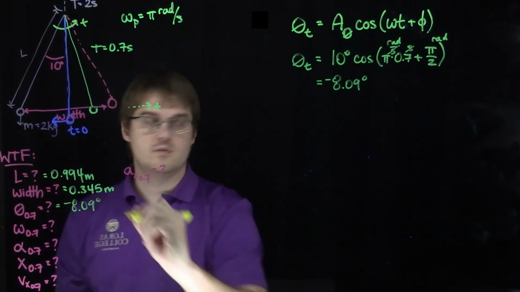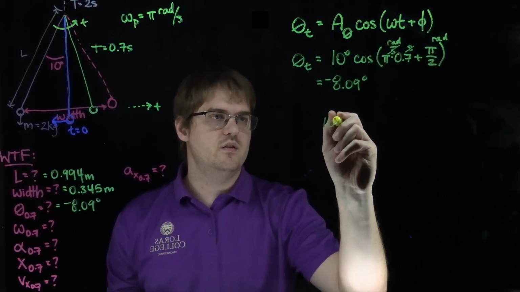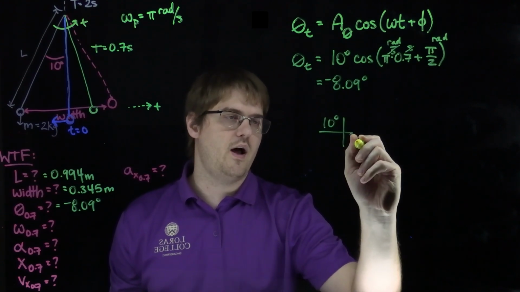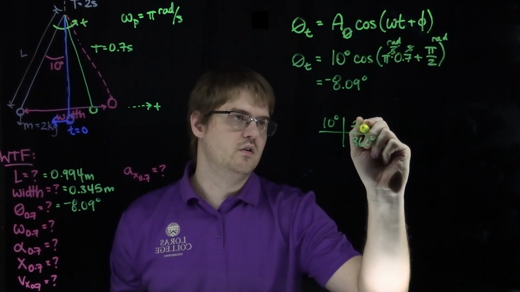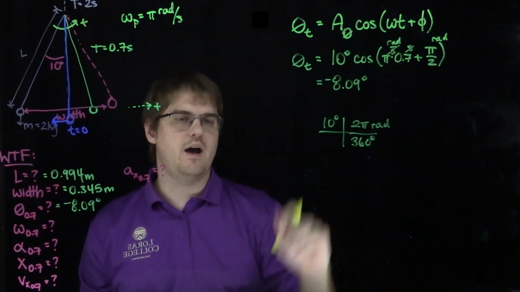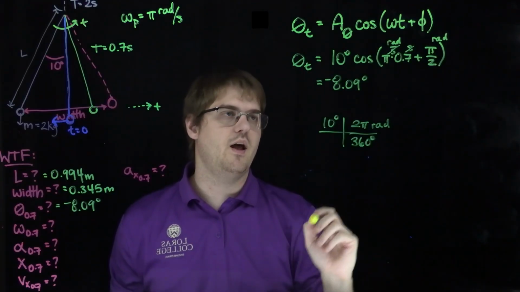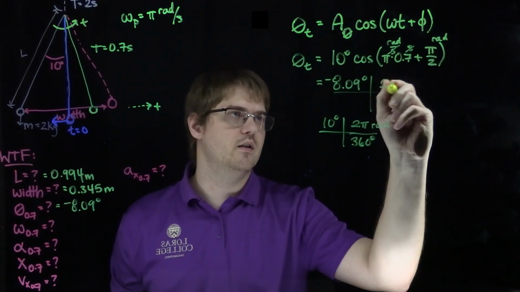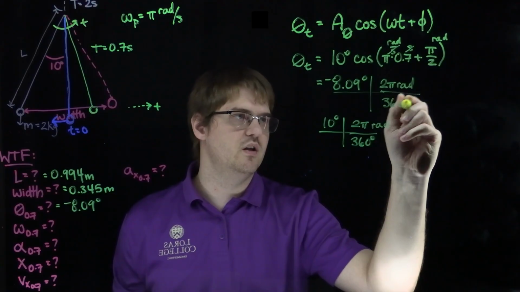8.09 degrees. Now I could have said 10 degrees, and I want that in radians, so I have 360 degrees is 2 pi radians. But since this is out of the parenthesis, what I would be doing here in order to change this negative 8.09 degrees is 2 pi radians divided by 360 degrees.